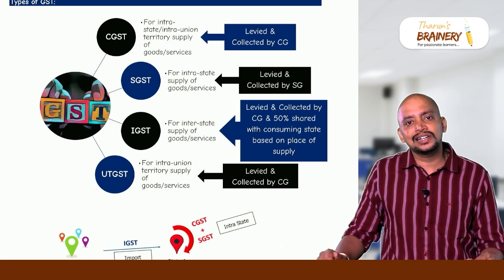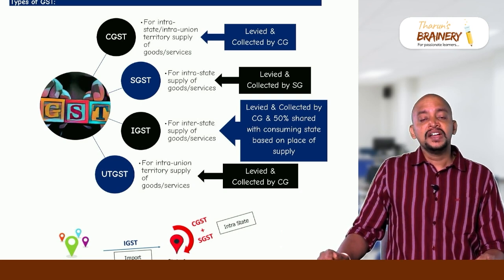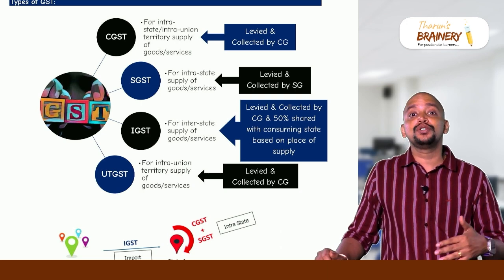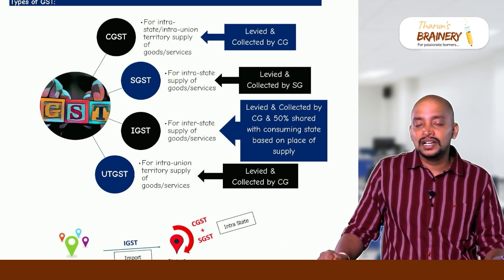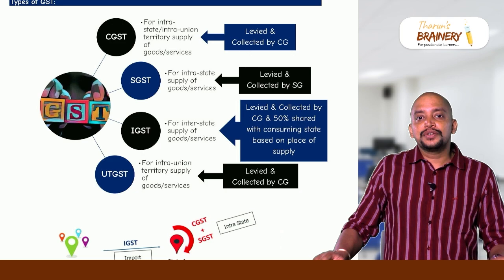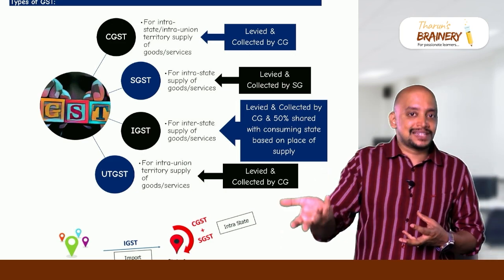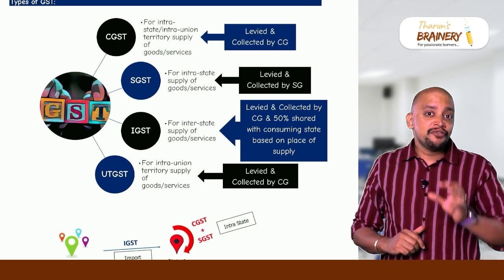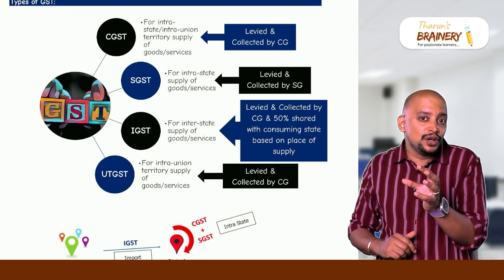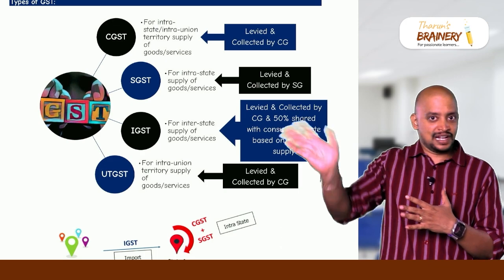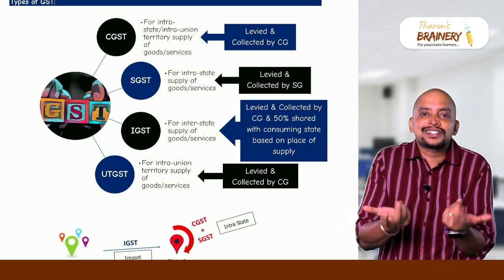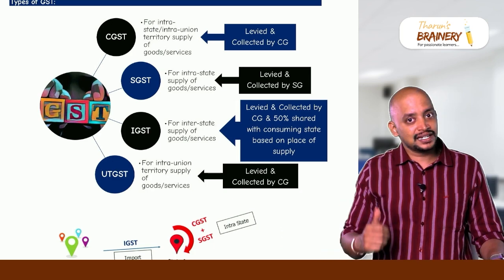Lot of industries are there in Gujarat and Maharashtra. Will the goods be sold only in Gujarat and Maharashtra? No, the goods will be sold in other states as well. Whenever the goods are sold to other states, it becomes interstate supply. When it becomes interstate supply, 50% of the IGST will go to the central government, and the remaining 50% will go to the consuming state, so for the producing state there won't be anything, correct?